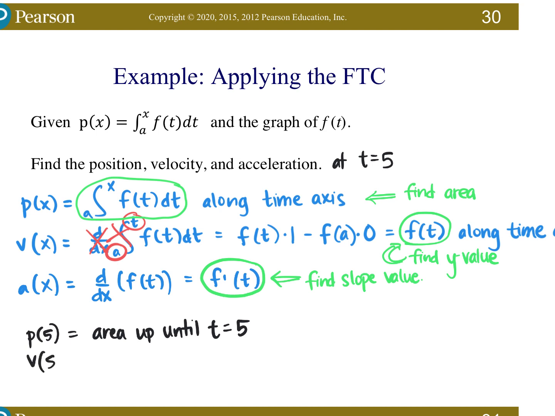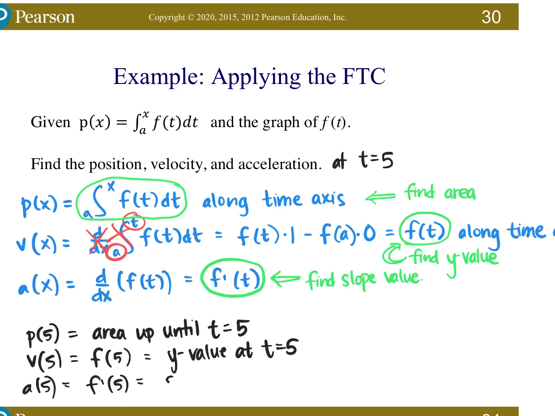V of 5 would be the same as f of 5, which is the y value at t equals 5. And then a of 5 would be f prime of 5, which is the slope value at t equals 5.